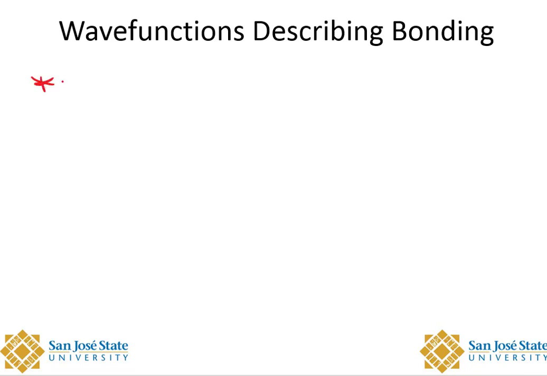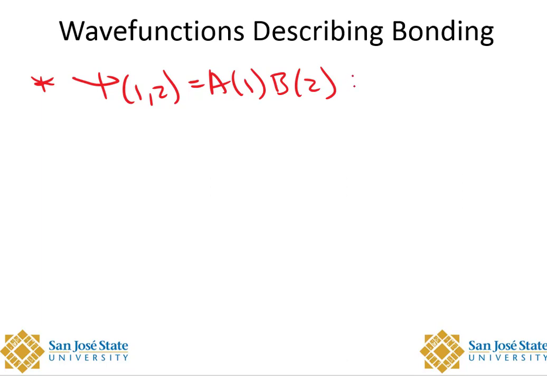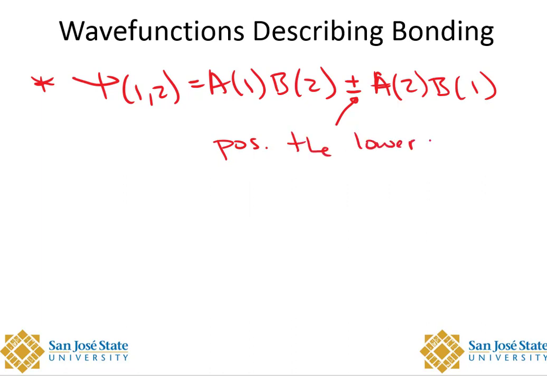So to denote these two possibilities, we're going to say psi12 is equal to A1 B2 plus or minus A2 and B1. Now that positive sign is going to indicate the lower energy state, as we are going to see for a constructive interference.